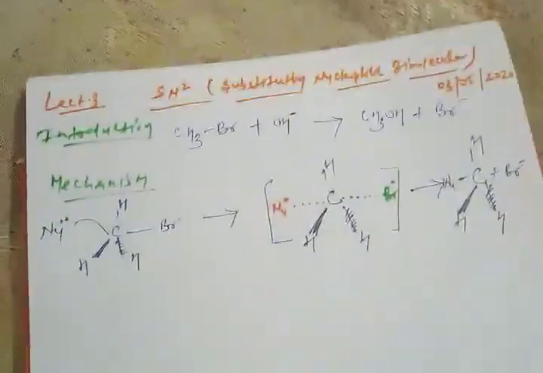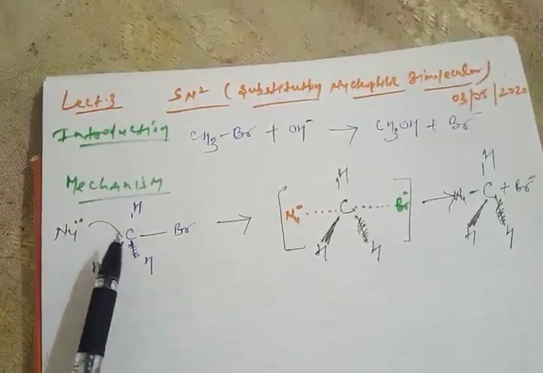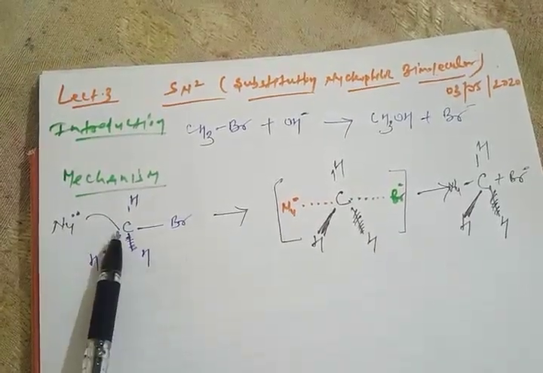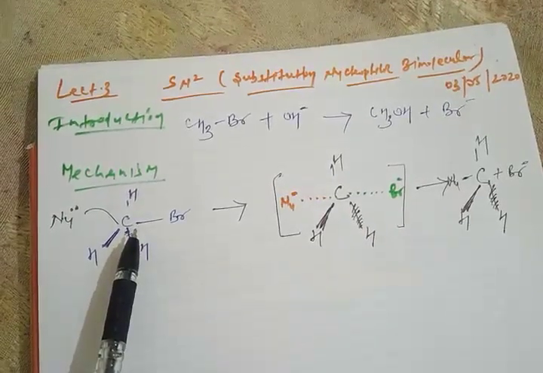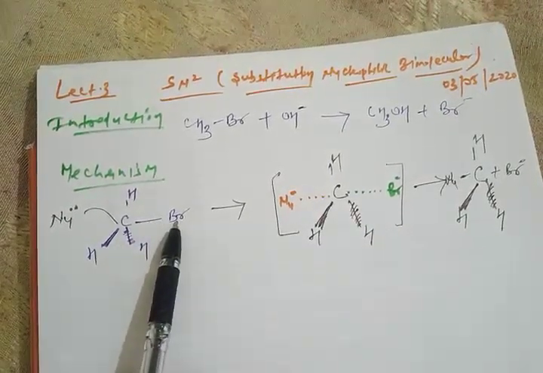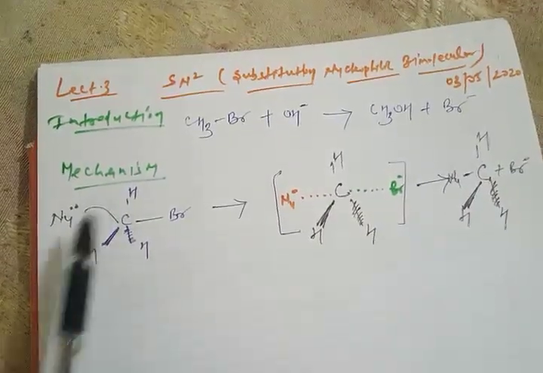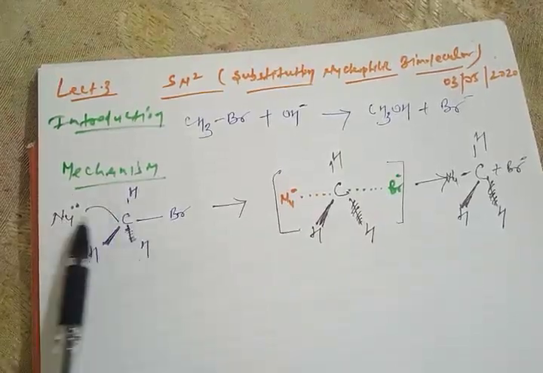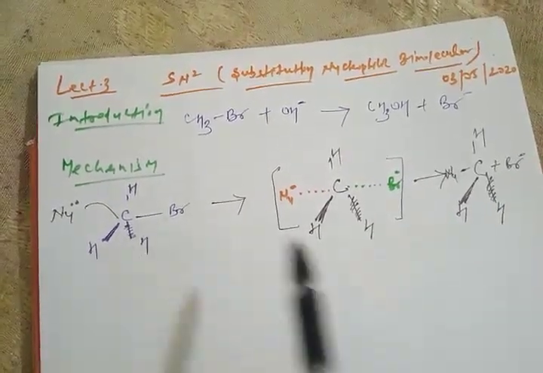So let's understand this mechanism. See, the nucleophile attacks the carbon from the rear side, and the halide is removed from the other side. So this reaction is sterically favorable because the nucleophile attacks from the rear side. Two types of attack we know, front and back attack.